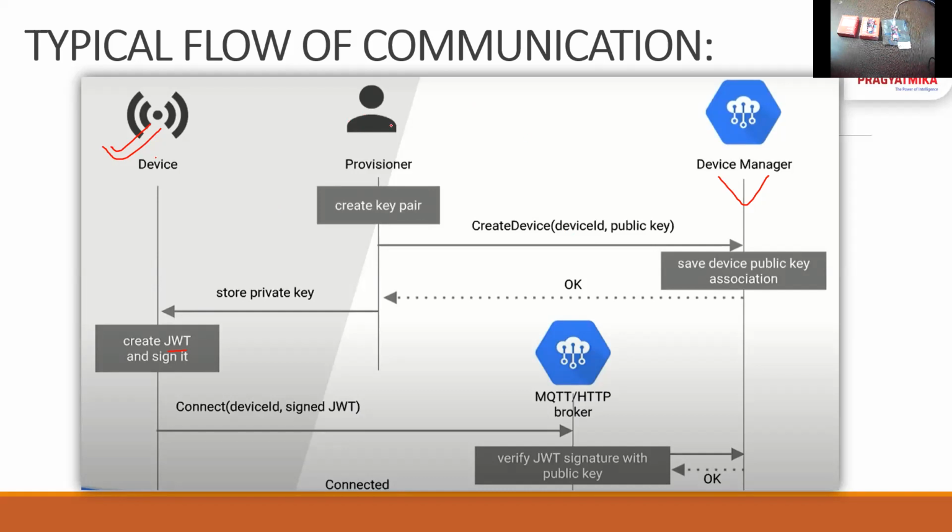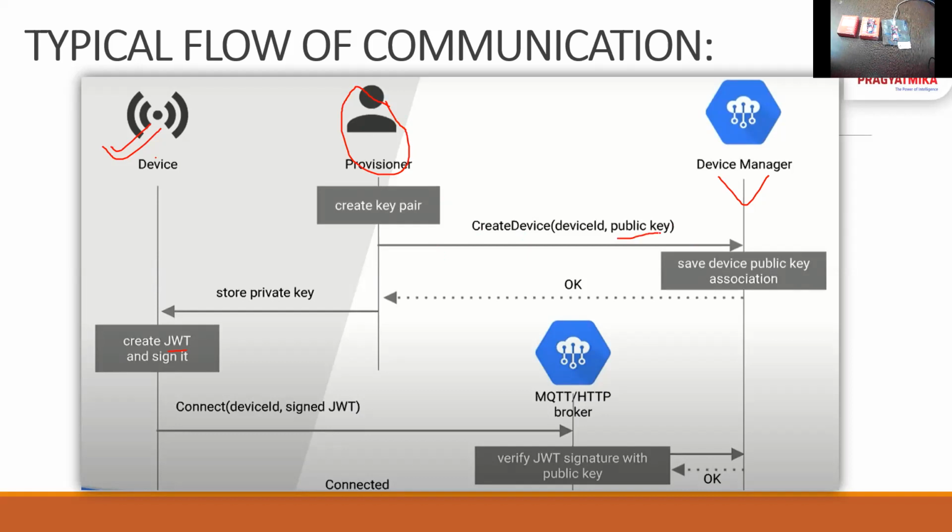Between the device and the device manager, we have the provisioning resources. This provisioning resource is actually a virtual thing which allocates and makes the exchange of the keys between the cloud and the device. So the provisioner creates your key pair and gives it to the device manager.